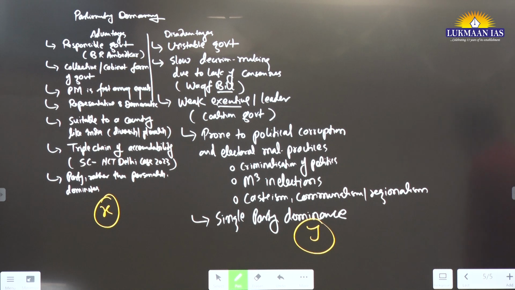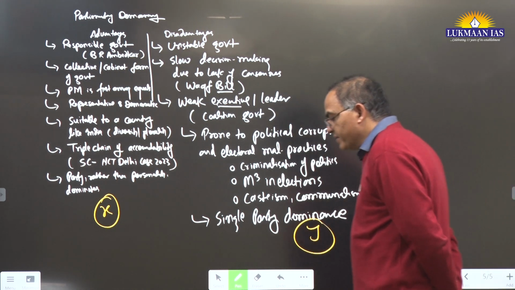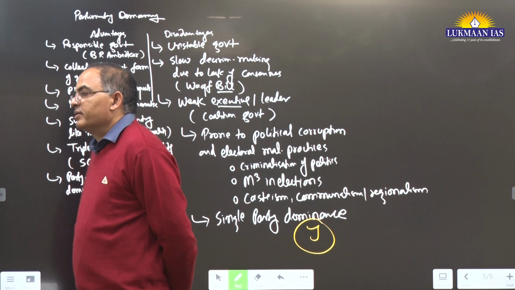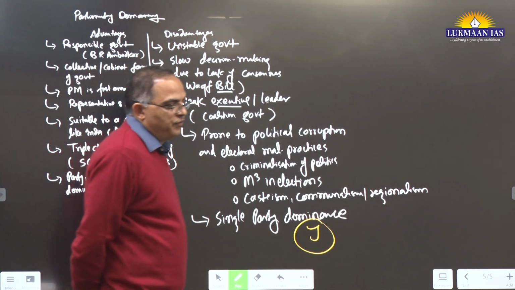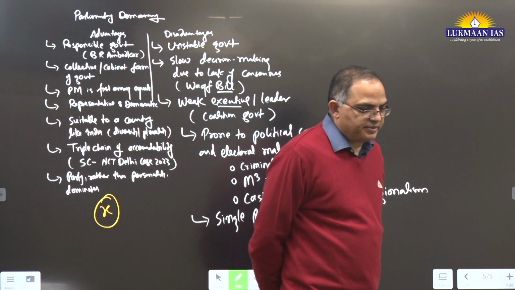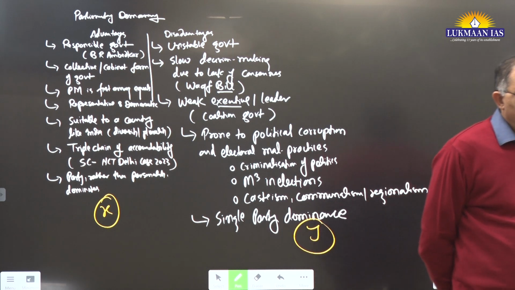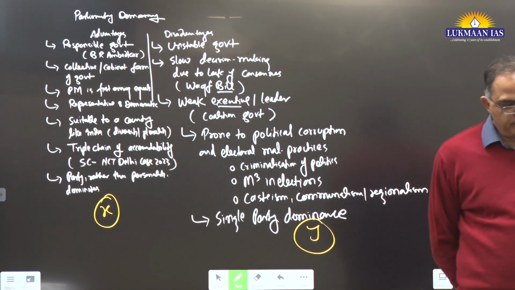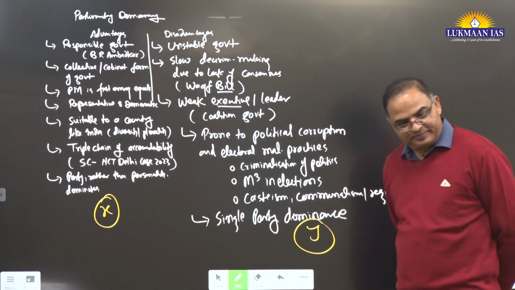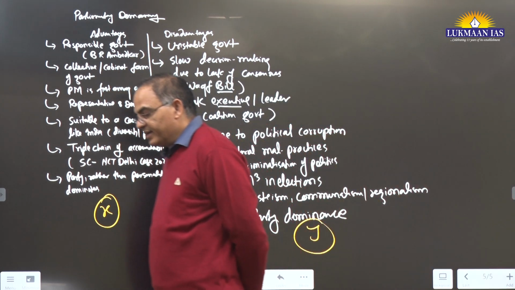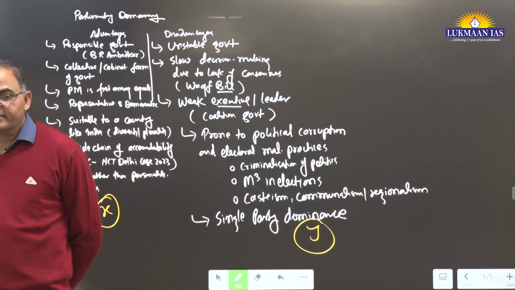Change paragraph. B.R. Ambedkar was a very strong advocate of the idea of responsible government.